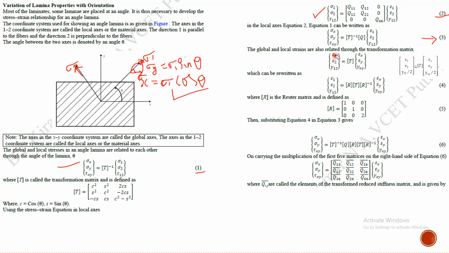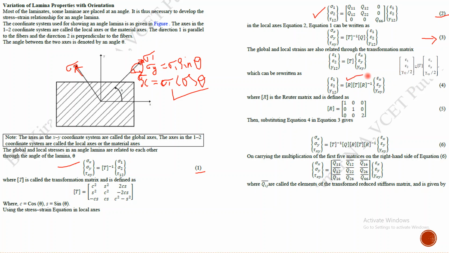I'm going to write that directly. Strains epsilon 1, epsilon 2, gamma 12 by 2 are equal to the transformation matrix. Here also I should transform strains in the 1-2 direction to the xy direction. Since there is one more term divided by 2 in the shear strain, I have to include that parameter.